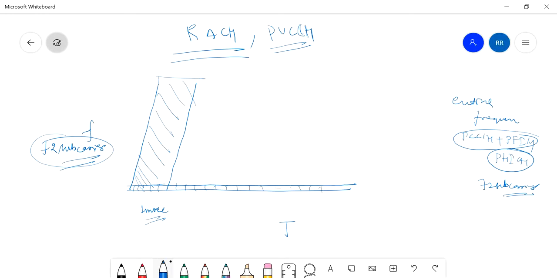This is time domain, and suppose this is the end of the frequency, then on the last one here, PUCCH is present, on the edges of the frequency, like this. So let's see the next one.